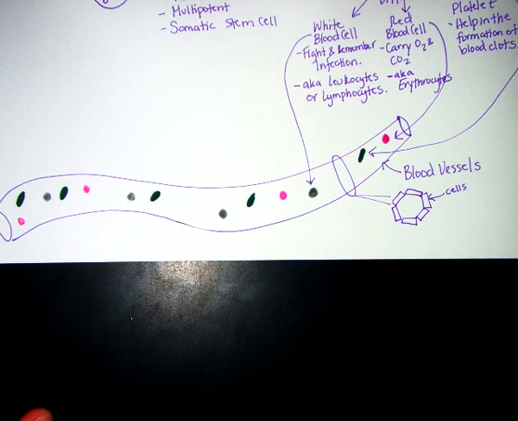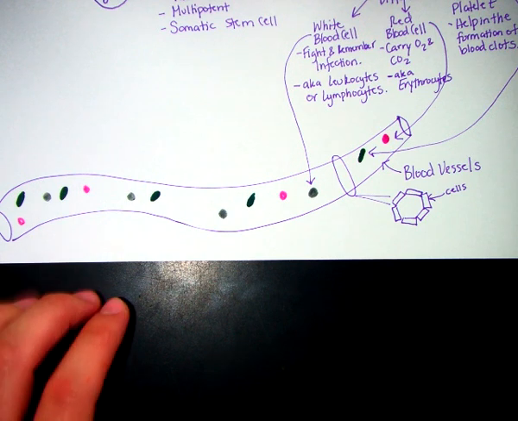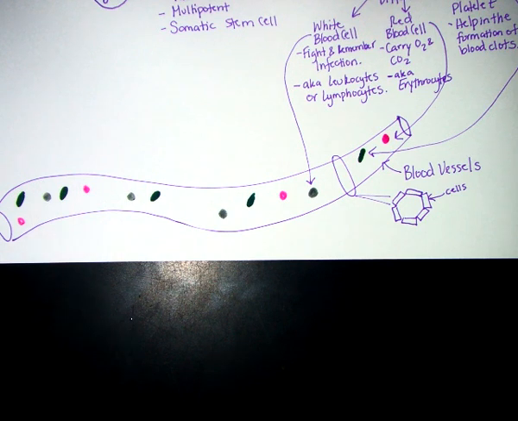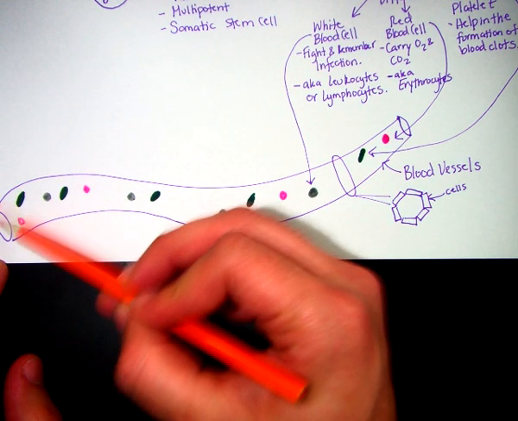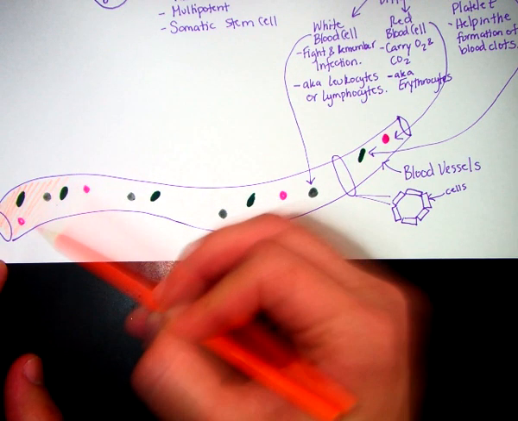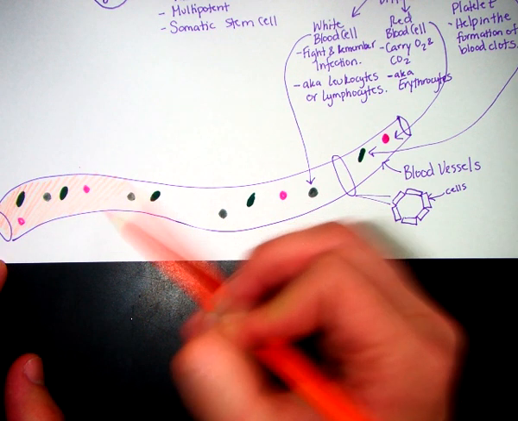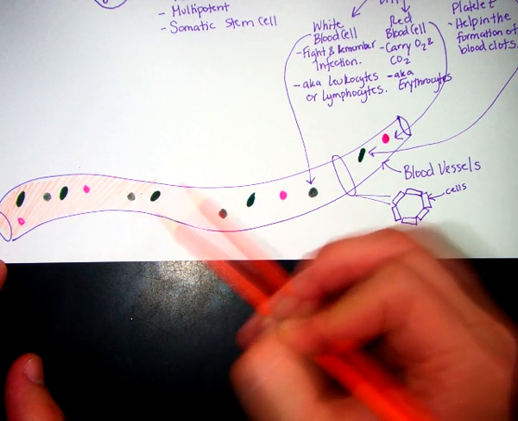Okay. So we have our three types of cells. But blood is not just cells. Blood also has a liquid. You can use whatever color you would like.